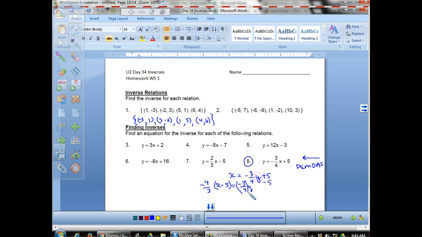So to clear out the -3/4, okay? So this will simplify down to a 1 on the right side, and then I'll distribute. I get -4/3 x, and then negative times negative is positive, and then I get 20/3, and I'll just leave it like that. And this is your answer, except I need to make sure I put an inverse symbol there. All right, that should give you enough to get going on the homework, and it shouldn't take you more than like 5 more minutes to work through this.